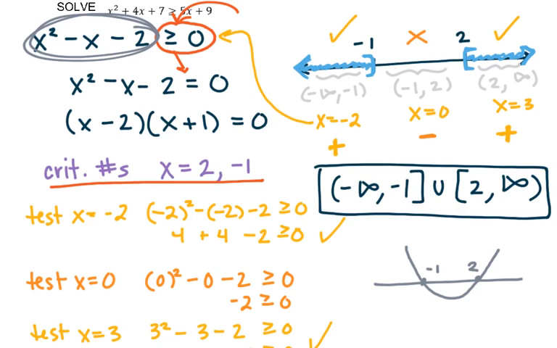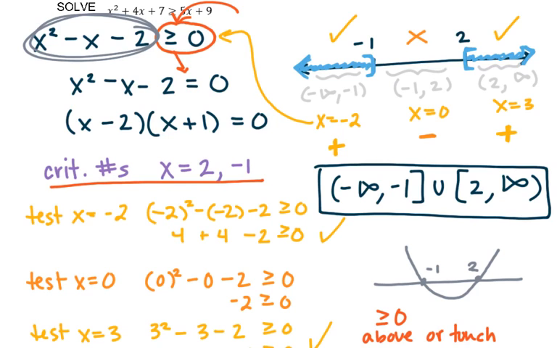So in this regard, if we say, where is the graph greater than or equal to 0, greater than or equal to 0 is above or touching that x-axis.